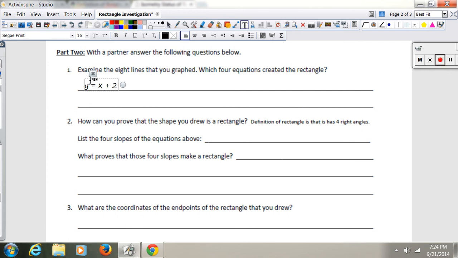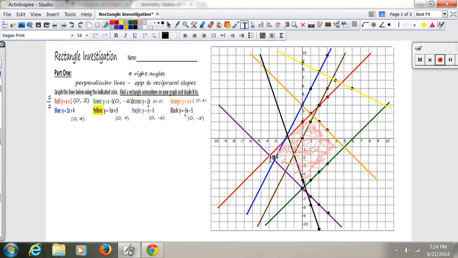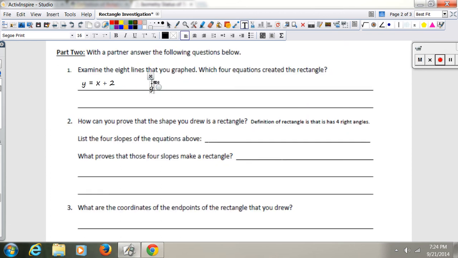The second equation we said was red. Green was the same slope, it's the opposite side, and it was parallel. Green was y equals x minus 6. And you notice we'll put these two underneath each other because they both have a slope of 1. Okay, so those are two parallel lines.